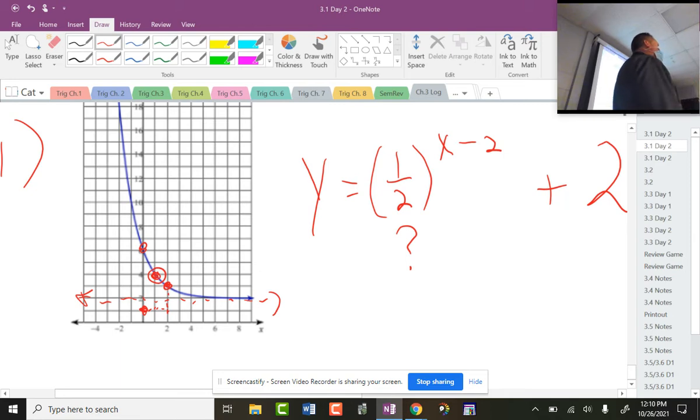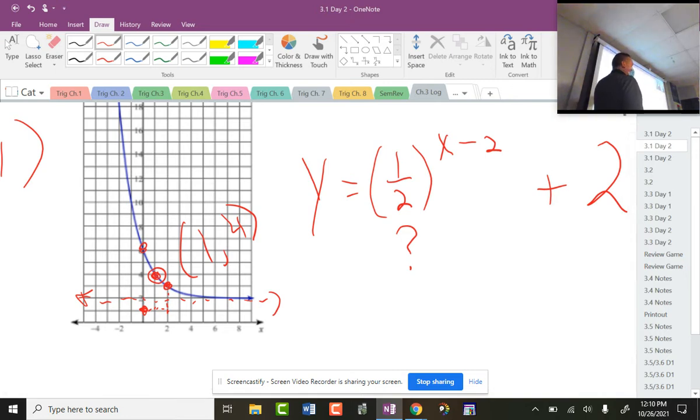What I'm supposed to get is 1 comma 4. I accidentally thought this was 1 comma 3, and that's why I got all messed up with Victor.